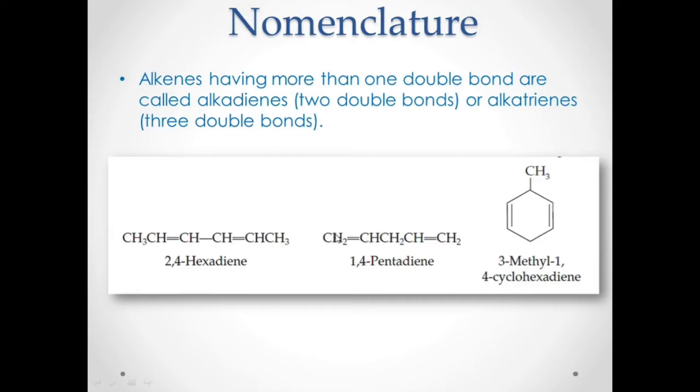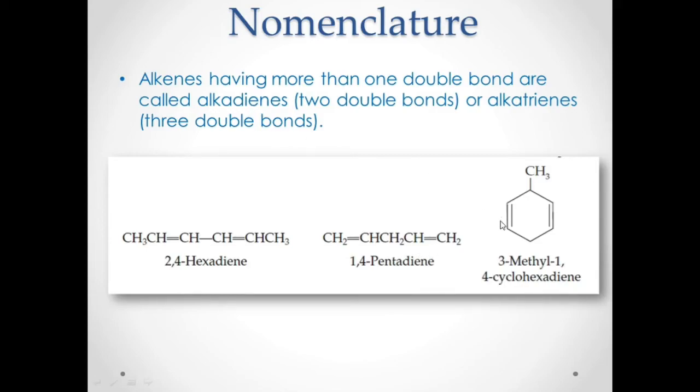So if you number this as 1, 2, 3, and 4, your carbon to carbon double bonds are on carbon number 1 and carbon number 4. It is 5 carbon, so that becomes 1,4-pentadiene because it is an alkadiene.